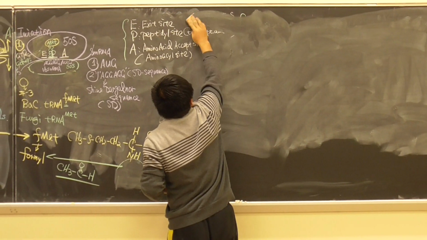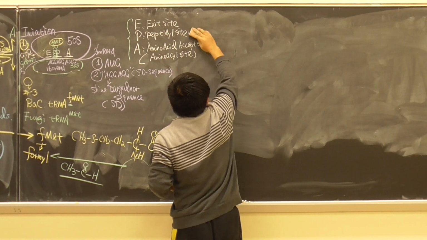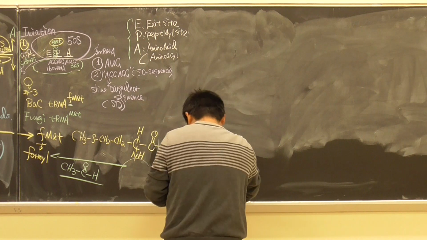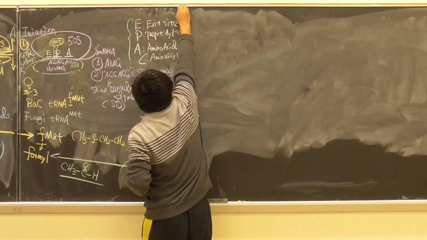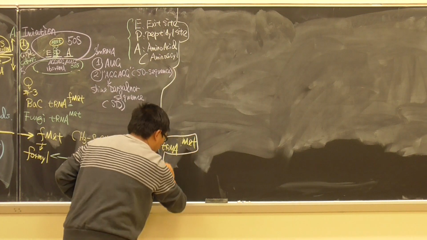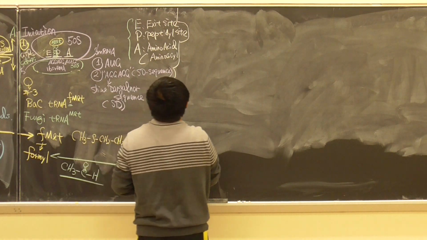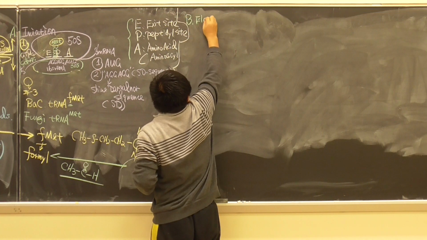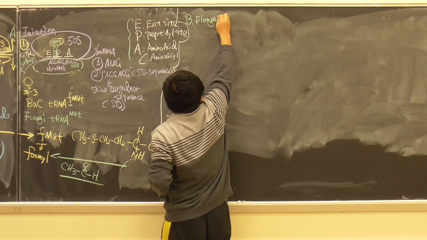I'll take this route because you already know about it. I draw the line here to make it clearer. Okay, so B, elongation.